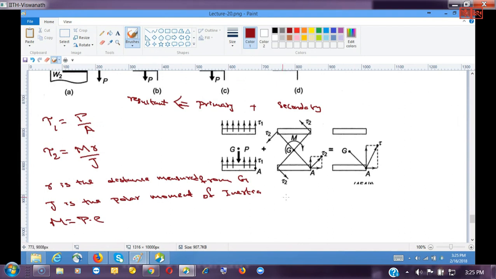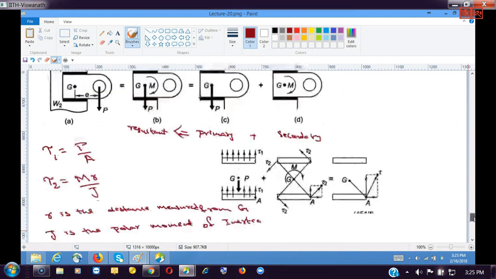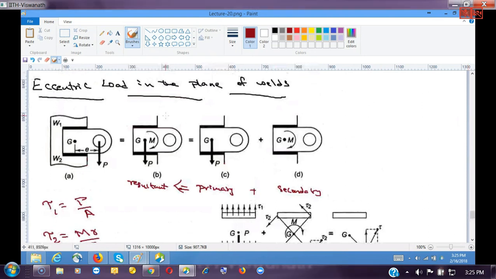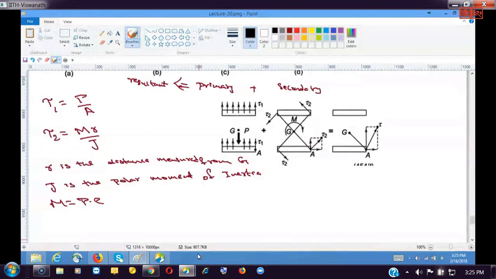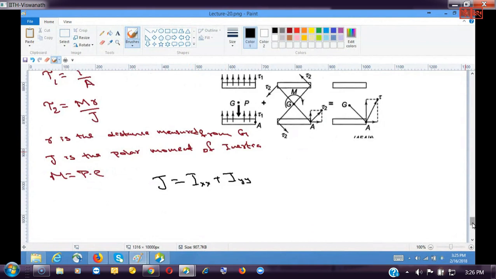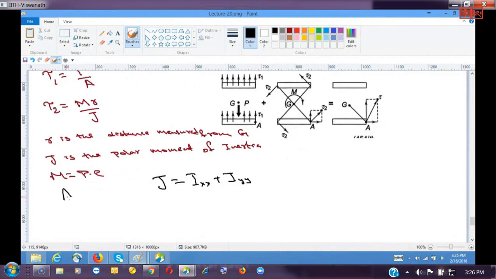Further, in this case, if you have a weld bead at the top and the bottom, J is equal to Ixx plus Iyy, and A is the area of the total weld. The net resultant area is h into L.